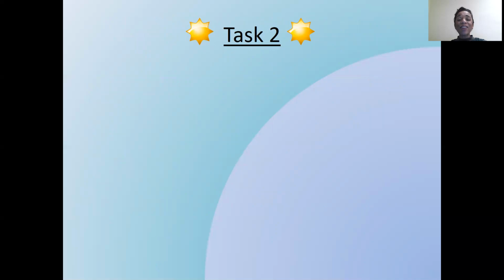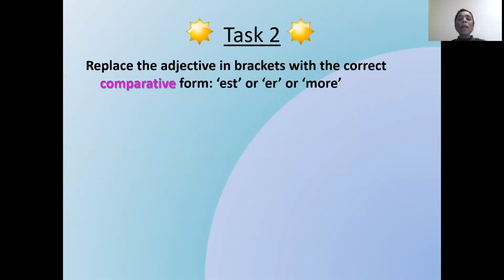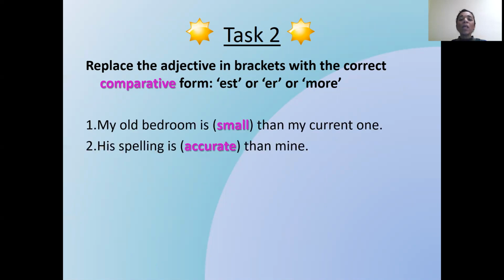So your task now, your second task, is to replace the adjective in brackets with the correct comparative form. E.g., I'd like you to use either EST or ER or more. Number 1, my old bedroom is, small, than my current one.